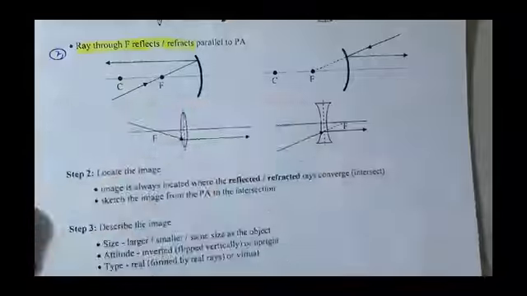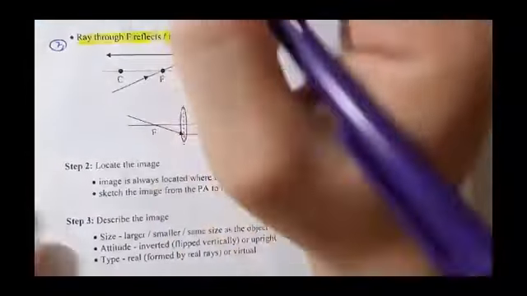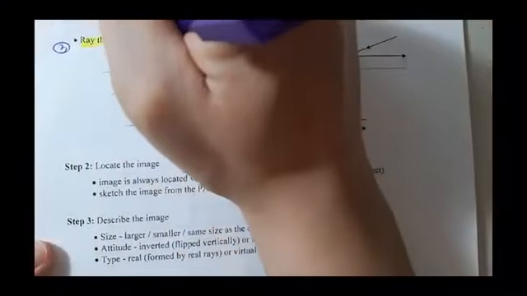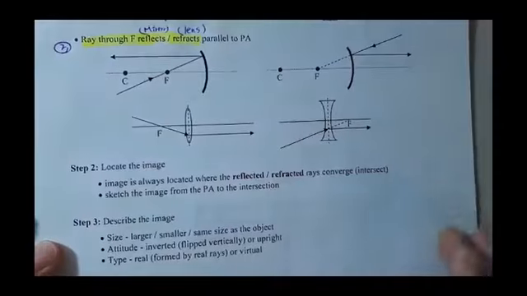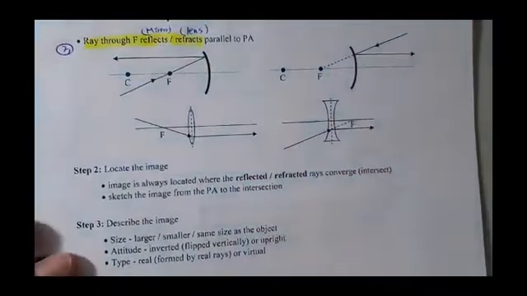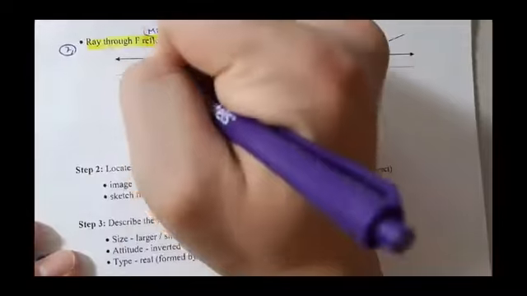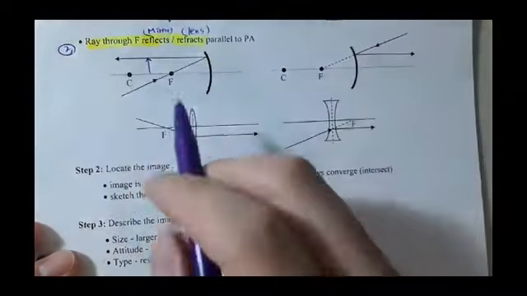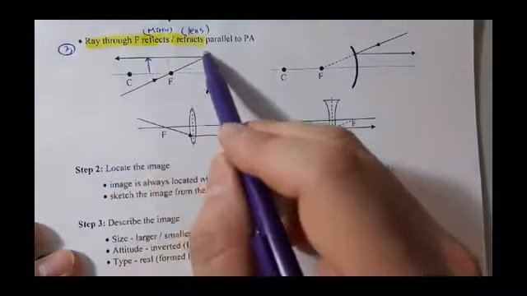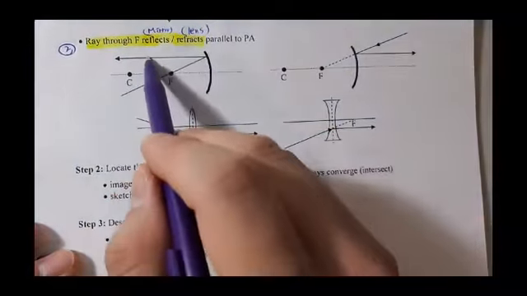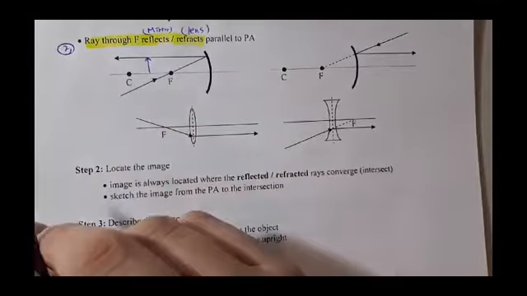Then you decide reflect or refract. So again, this is the mirror situation and this is the lens situation. And you have to go through the top of the object. So for example, if this is the case, you need to go through the focal point and reflect it off, and then that should be the one that I need to pass.